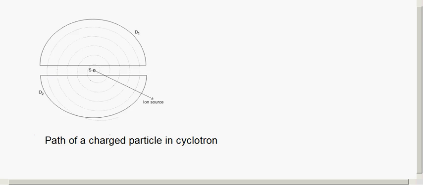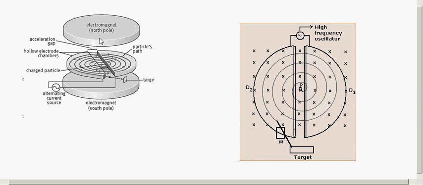Now if you go to the construction part, it has two electromagnets which will produce the required magnetic field, and there are two metal D-shaped segments, and there is a gap between the D-shaped segments where at the center we place the charged particle, and the D-shaped metal is connected to an alternating current source which will produce the electric field.